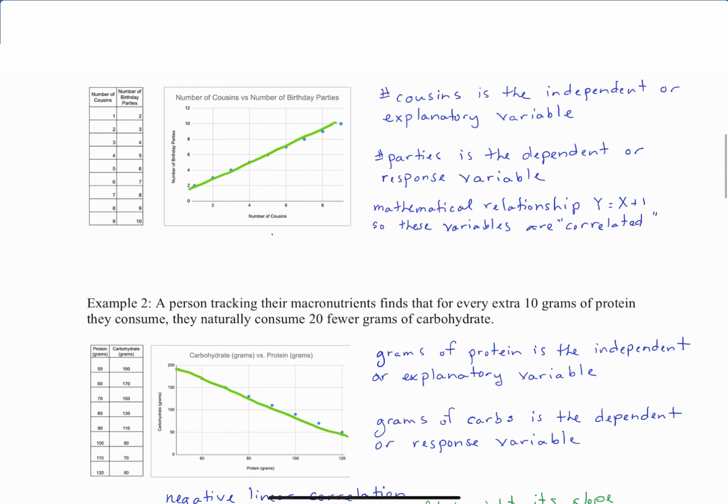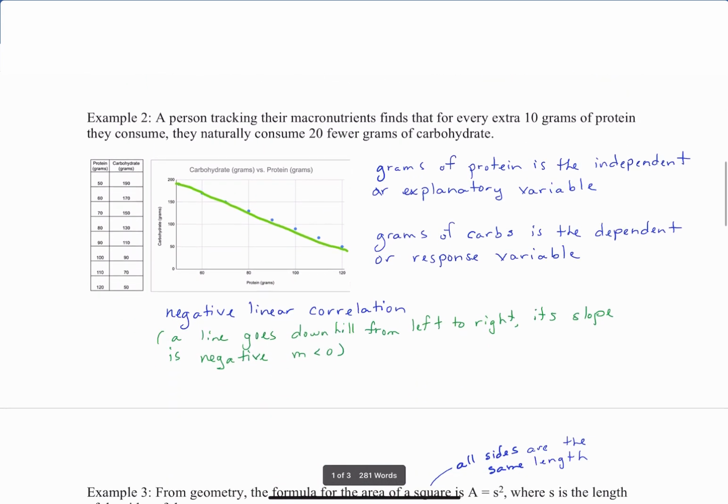If you look at the second example where we had a negative linear correlation, the whole reason there was a linear correlation is that, for this person anyway, the protein intake clearly affected the carbohydrate intake. Changing their protein intake caused a change in their carb intake.